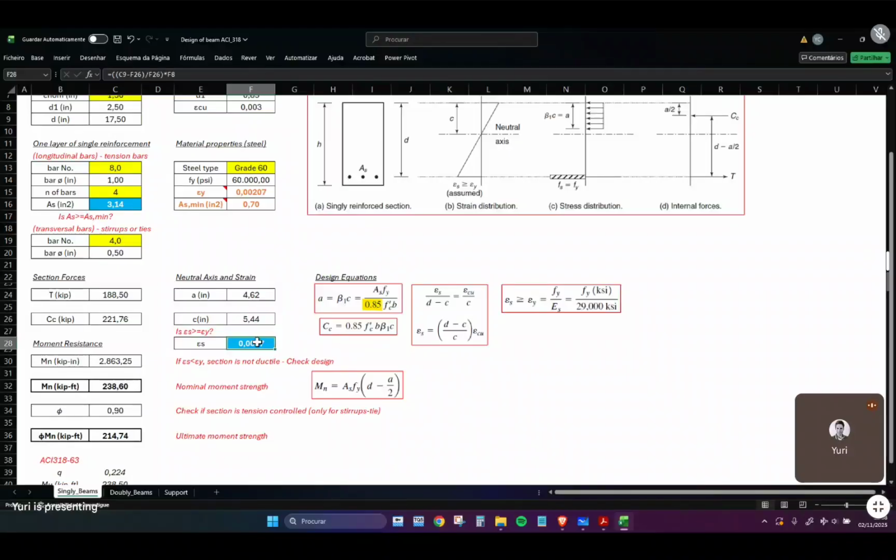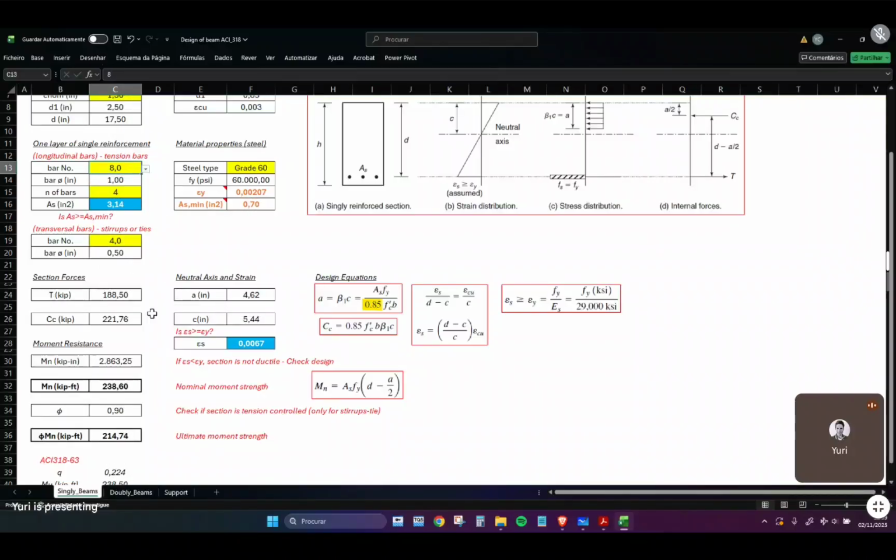If it gets blue here, it means that it is above the yielding strength. If you had a section with a lot of reinforcement, let's just say 18 bars, for example, this would not be the case, so your section wouldn't be ductile. Okay.